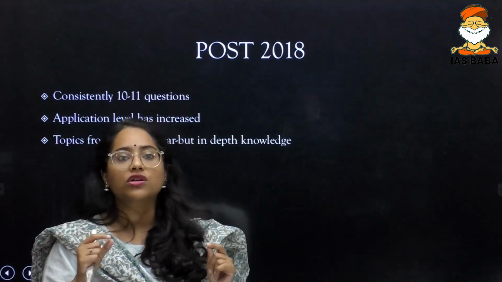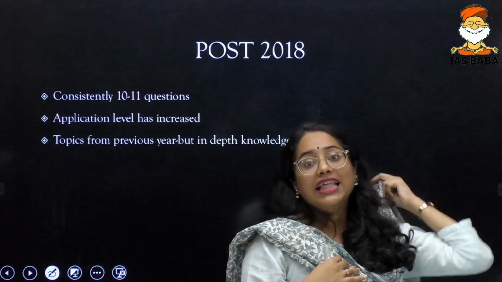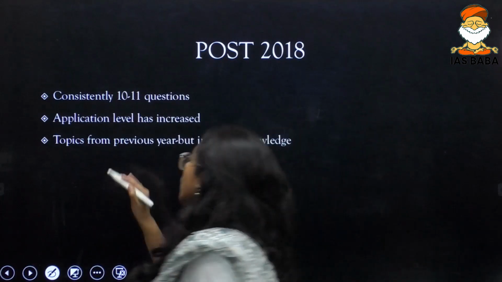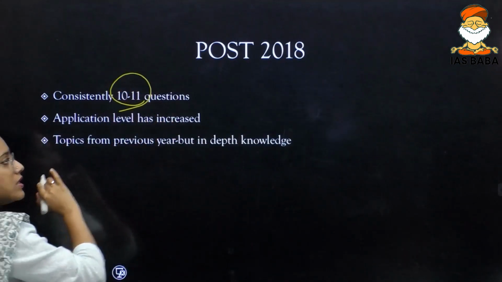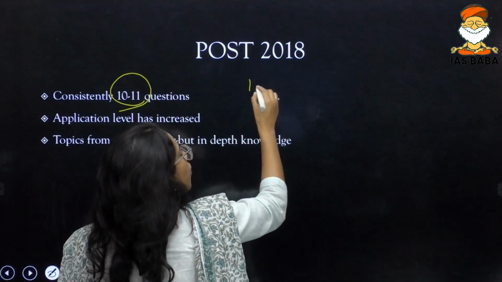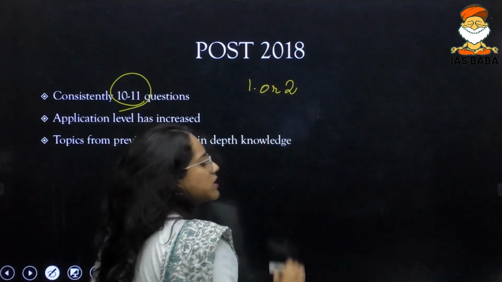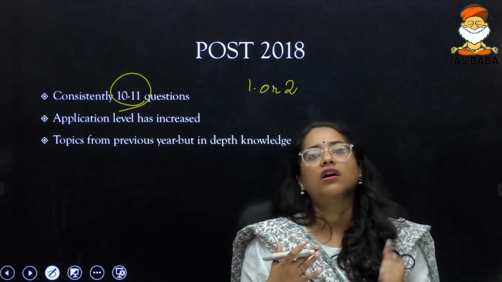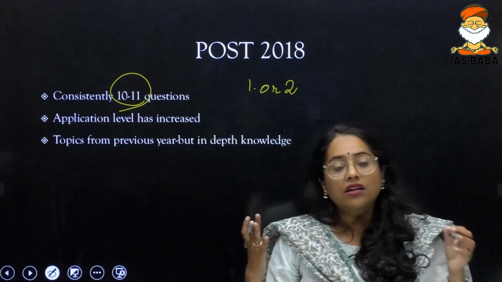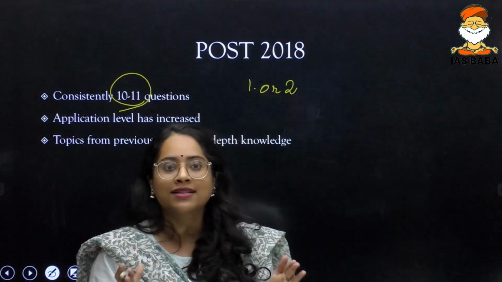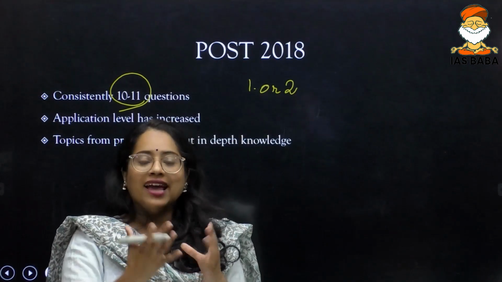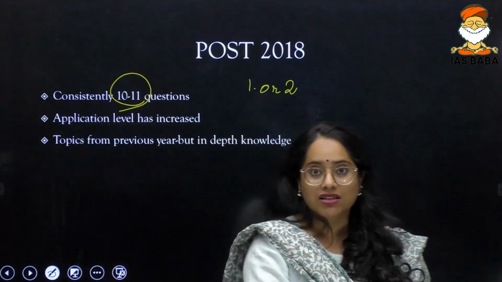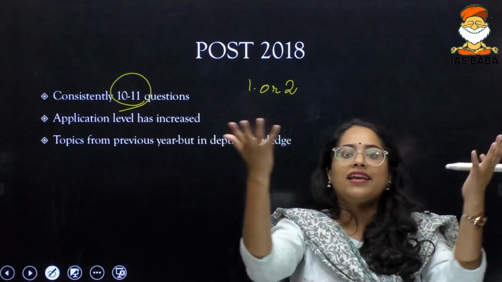Now, in contrast to this, if you look at science and tech, the ambiguity areas are relatively less, which means you might write 10 to 11 questions, but ambiguity might be there for 1 or maximum 2 questions in comparison to maybe a history area or a polity area. So again, once you do 10 questions in science and tech, you can at least be sure 8 questions of it will have a fixed answer, and you can be sure of those marks. But the other thing is, again, left to you.